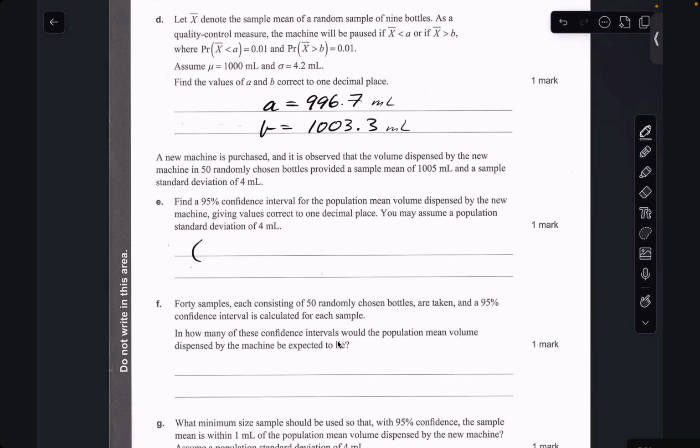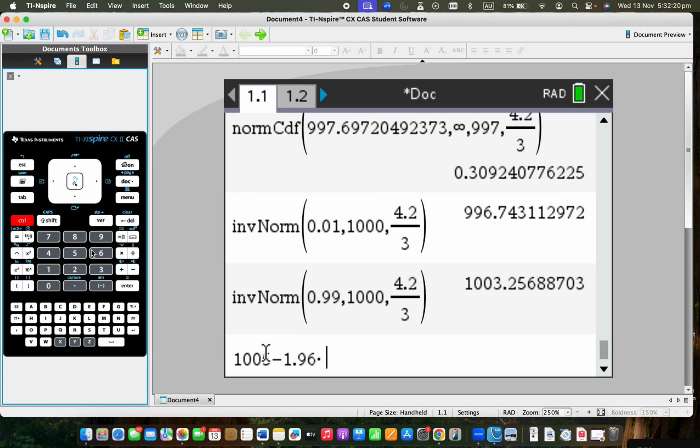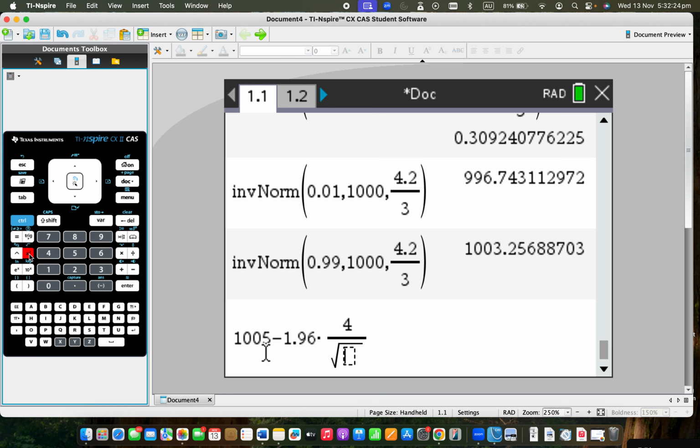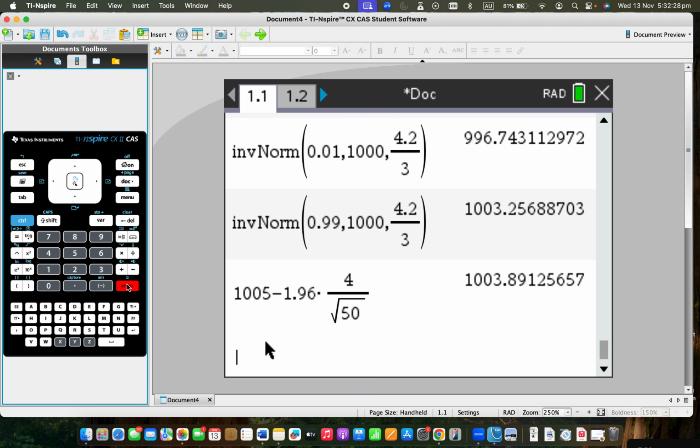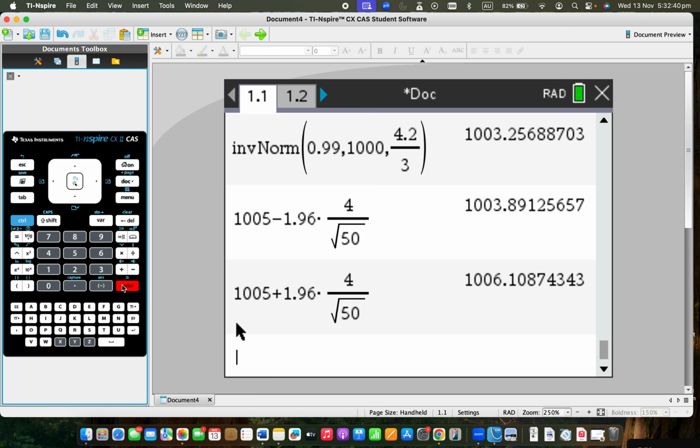So we've got the sample mean minus 1.96 times the standard deviation of 4 over square root 50. So what's that? 1003.9 until 1006.1.